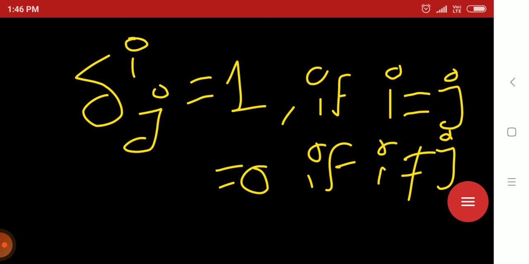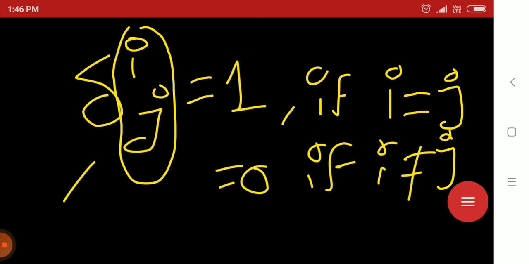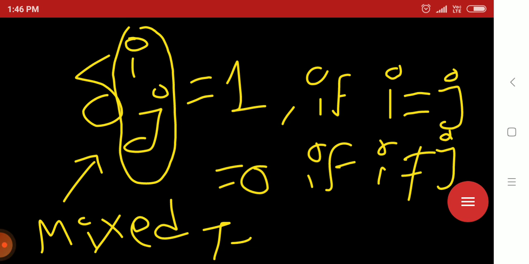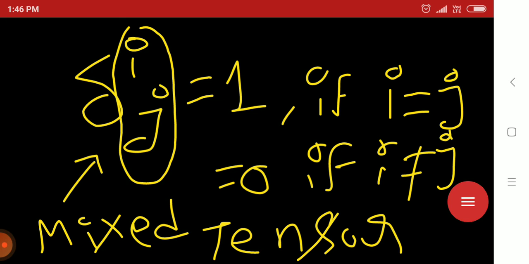That is the general mixed form. It is now neither contravariant nor covariant. It is the mixed tensor formulation of Kronecker delta. So delta ij equals 1 if i equals j, or 0 if i not equals j.